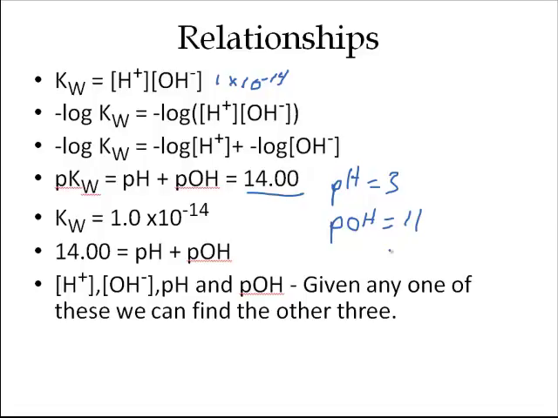So it's important that you understand that the pH plus the pOH equals 14, and the pKw equals 14. Now, why does it? Well, think about it up here, right? 1 times 10 to the minus 14, you go ahead and hit the negative log of that, you'll get 14, all right? So what that does is that allows us to find any of the 4 common things that you get asked to find for pH and pOH.